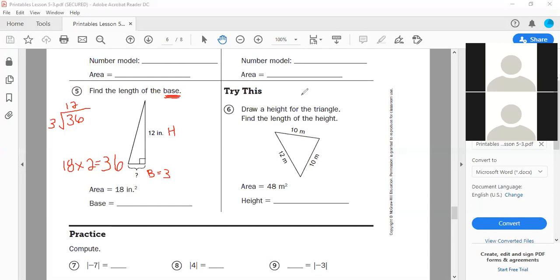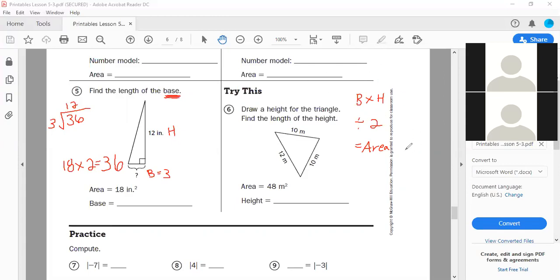All right, normally we would do base times height, then we would divide by 2, and then we have the area. Okay, this time though, we had to work backwards. Instead of steps 1, 2, 3, we had to go 3, 2, 1. To do that though, we had to reverse some things.